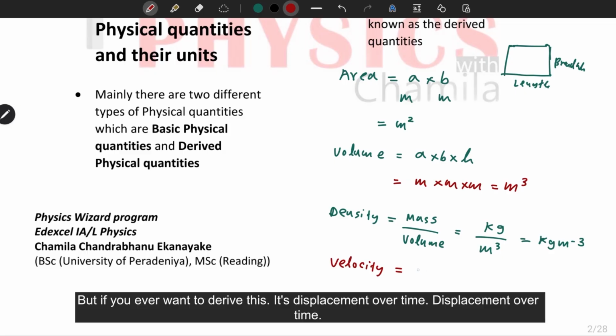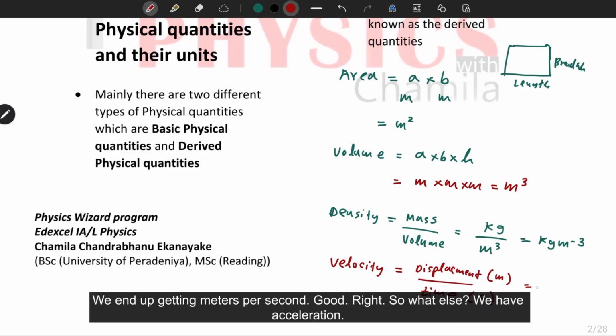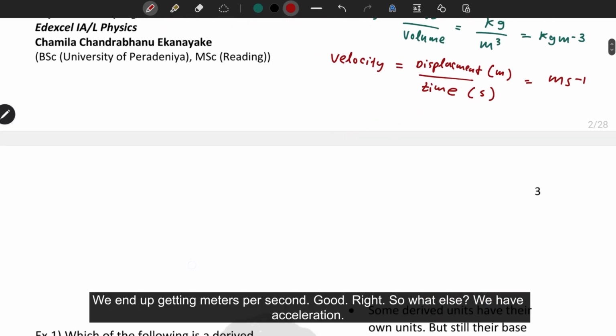But if you ever want to derive this, it's displacement over time. Displacement is measured in meters and time is measured in seconds. We end up getting meters per second.